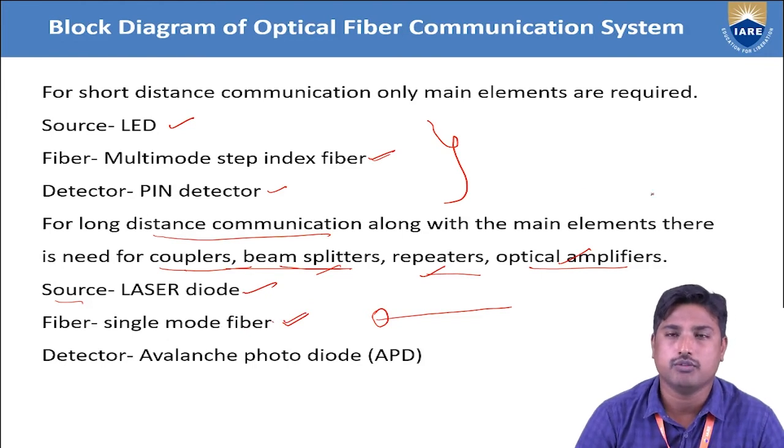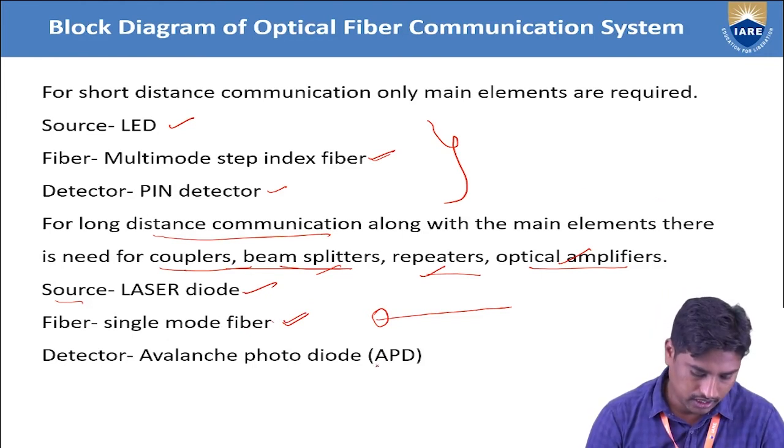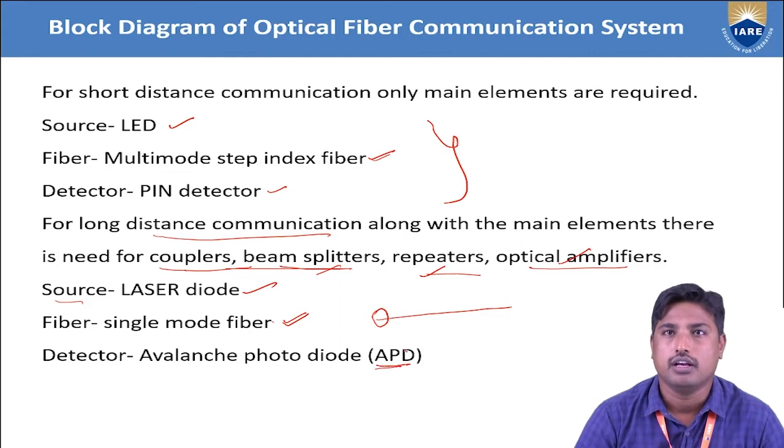Detector is avalanche photodiode, called APD. And these are the main elements for shorter distance communication as well as longer distance communication.